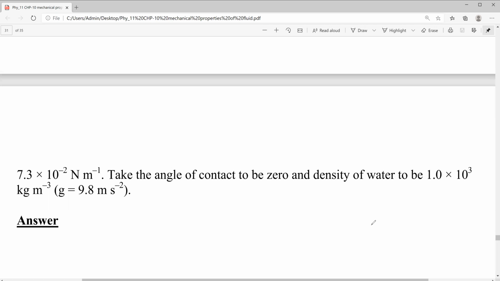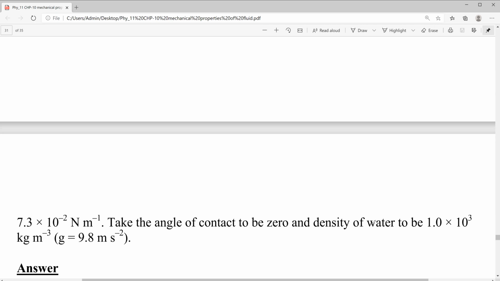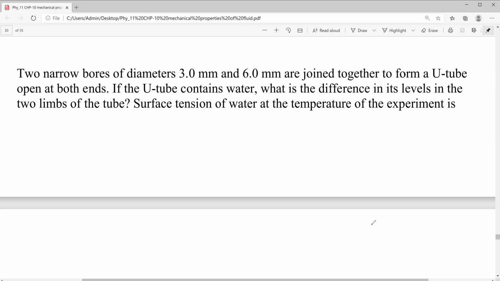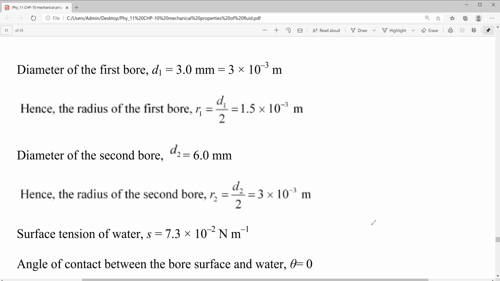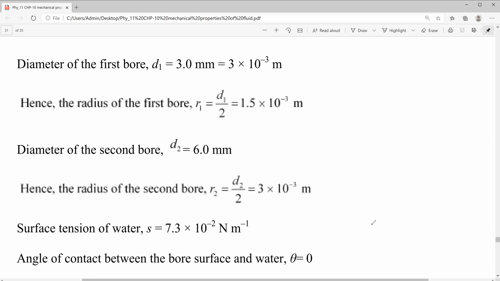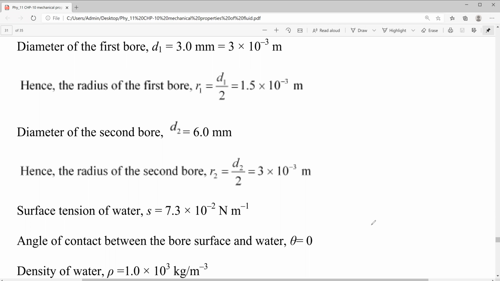So read the question and try to write the given things. So what are the given things? From the question, they have given the diameter of the first bore, we consider d1 is equal to 3 millimeter, and r1 the radius of the first bore is 1.5 into 10 to the power of minus 3.